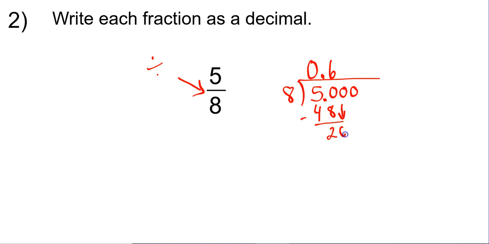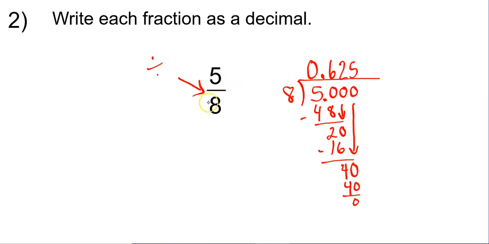Drop down your 0. 8 goes into 20 twice. That's 16. 20 minus 16 is 4. And then our last step would be to drop down that 0. 8 goes into 40 5 times, and there's no remainder.